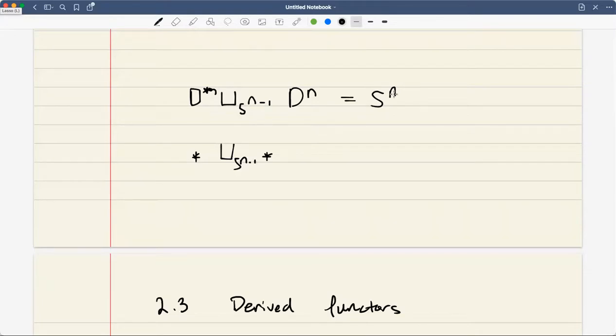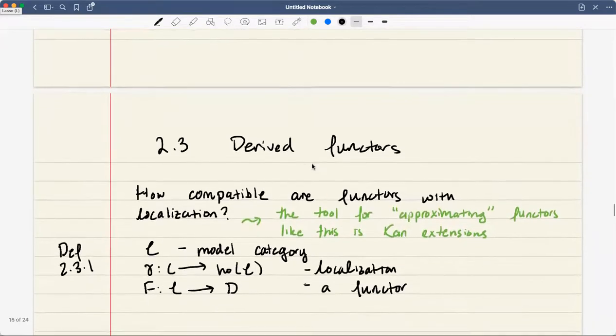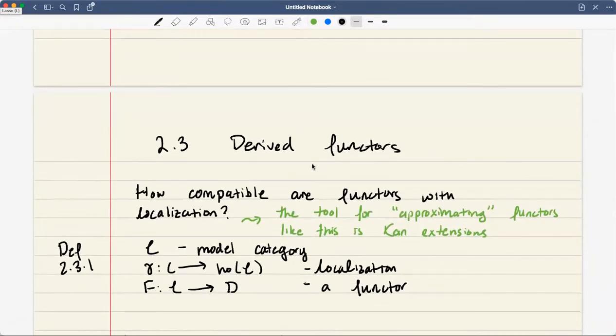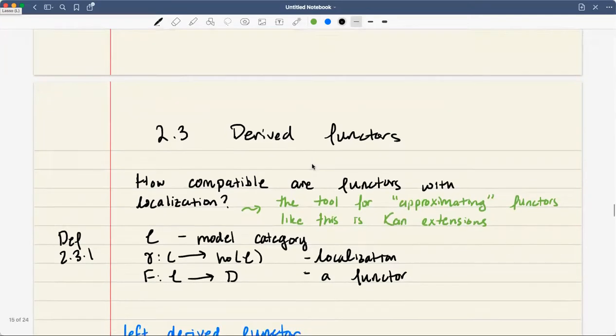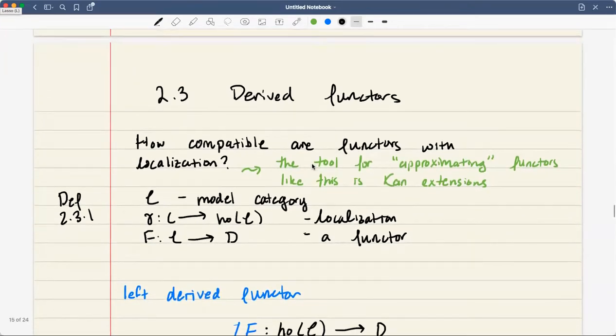So colimits and limits don't play well with homotopy. And what do we do about that? Well, we can sort of derive it. And that comes to the topic of derived functors.